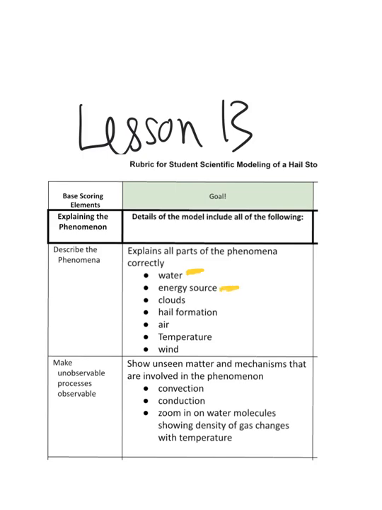What is the energy source that is causing this to happen? Explain how clouds form and what type of cloud is involved. How is hail forming in this situation? How is air moving, and what role is it playing in the development of these hailstorms? How is temperature involved? Where does the temperature difference matter? And wind, or the force of air, how is this playing a role in forming the hail?